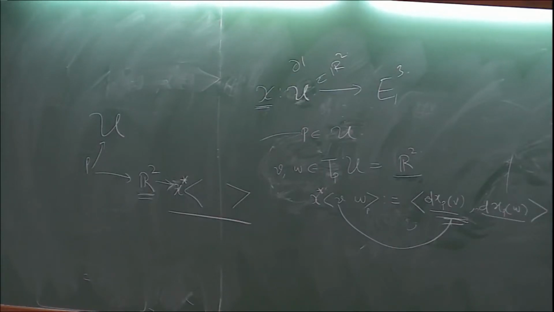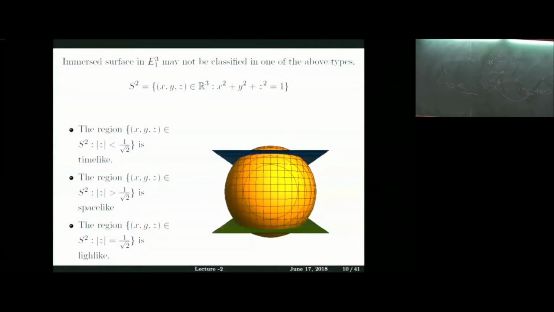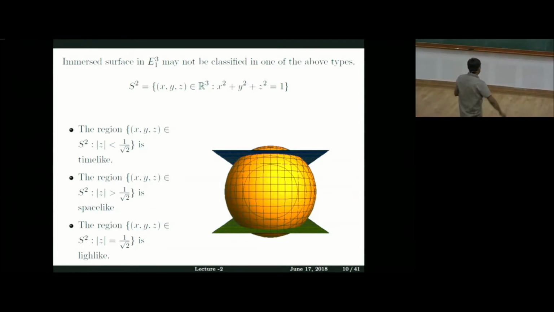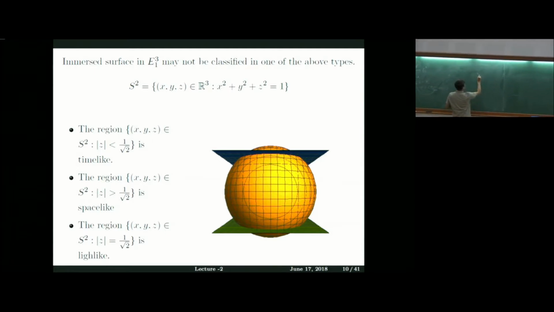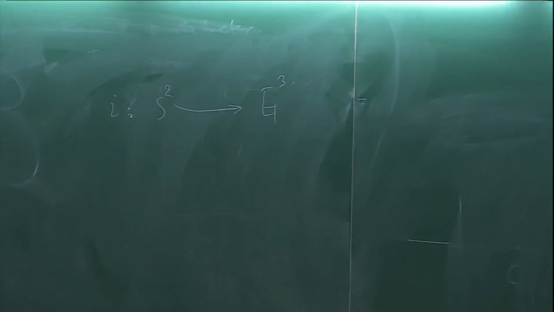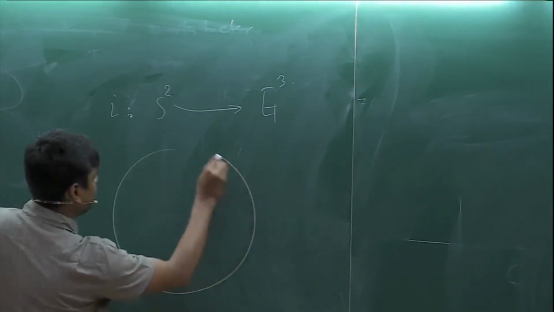If I want to check, let us have some examples here. This is a sphere. The map is the identity map basically, and if you want to check whether this surface is a space-like immersion, S2 to E13, basically I'm asking whether the map from S2 to E13 is a space-like, light-like or time-like immersion. So you just calculate.